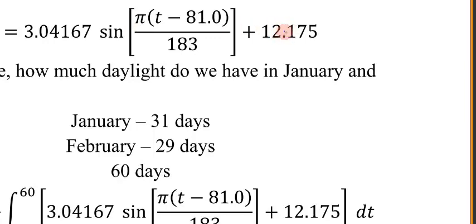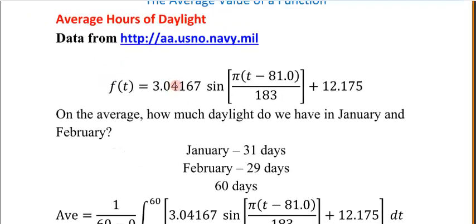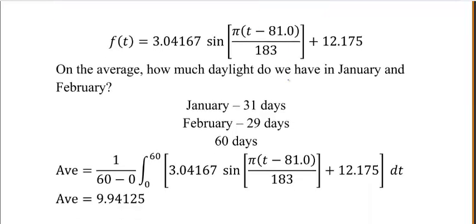We calculated the average of the max and min to get the baseline. We took the max minus the min and divided by 2 to get the amplitude. We made the period correct by multiplying by pi and dividing by 183. And then we shifted it 81 days to the right so that we'd be in the right place.